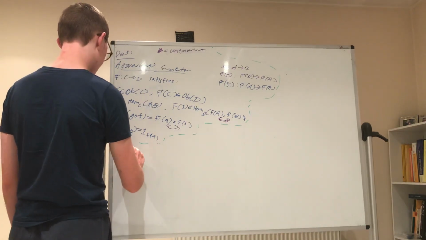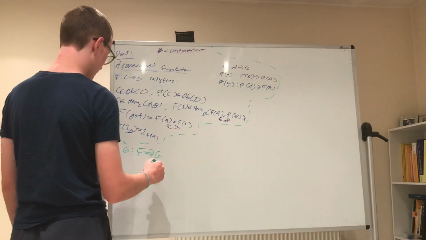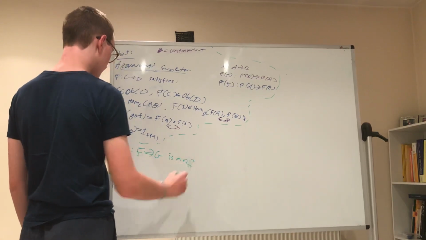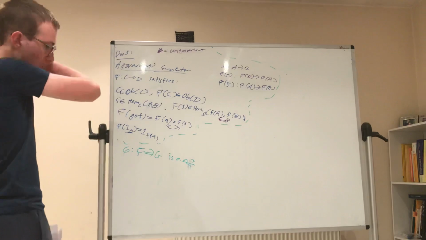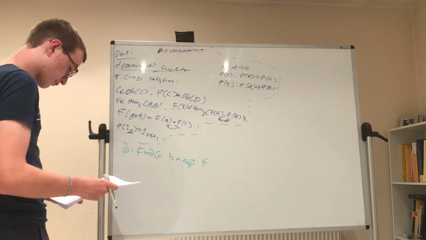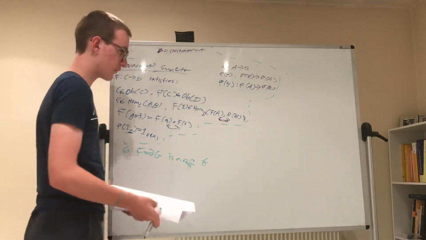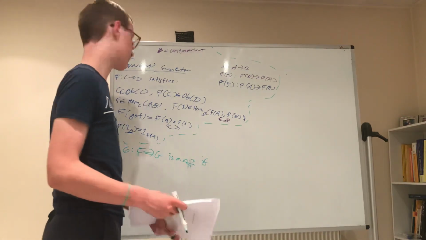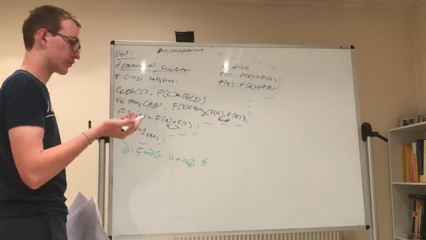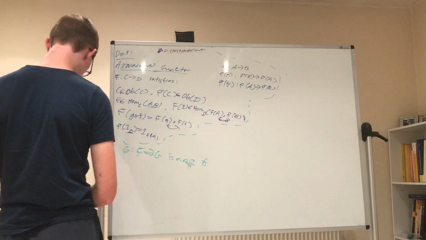We say that phi from F, written with the implies arrow, to G is a natural transformation, I'll just write NT, if for every C in our category C. These are both functors from the category C to D, so we're picking an object C in C, and we're saying that the following diagram commutes.